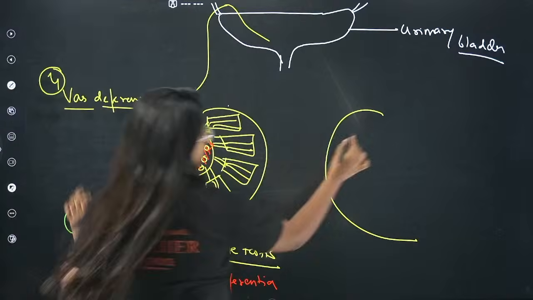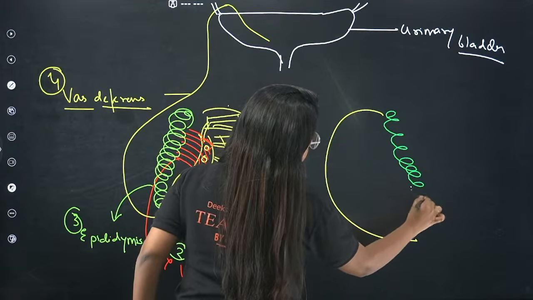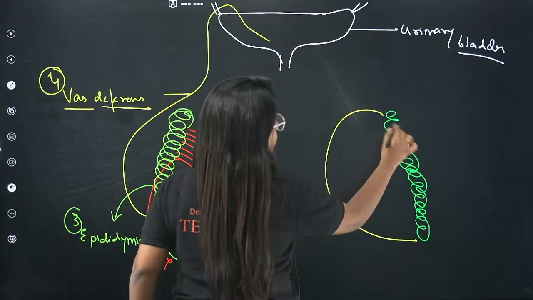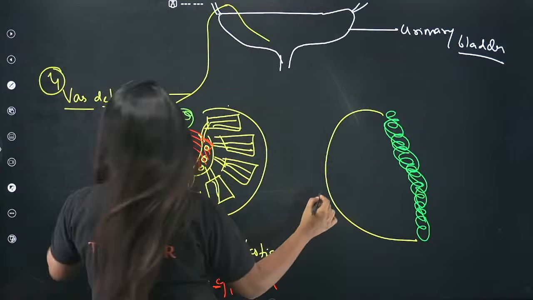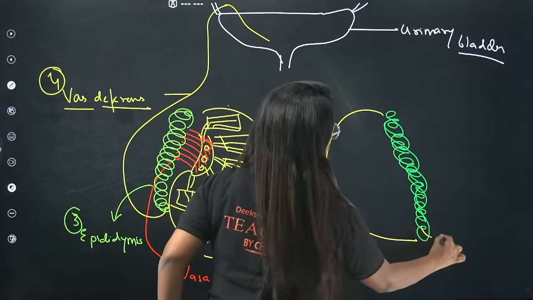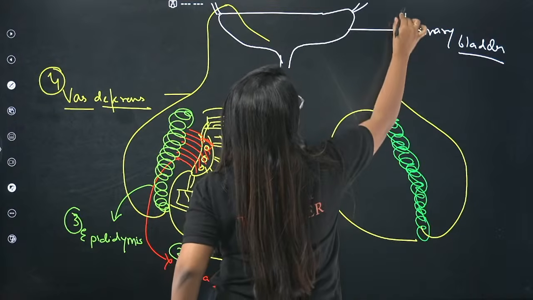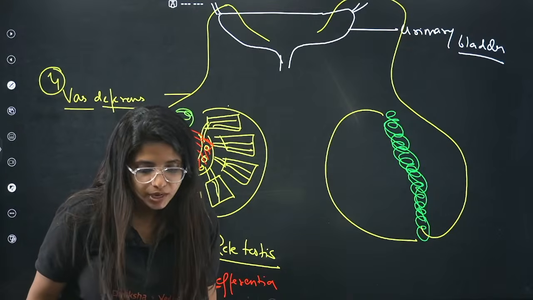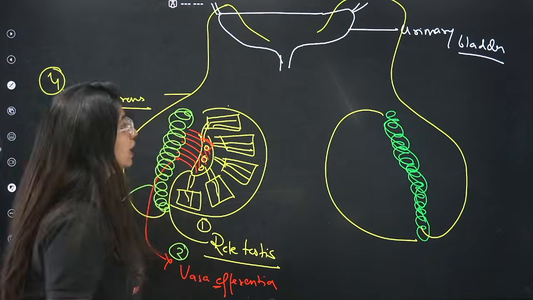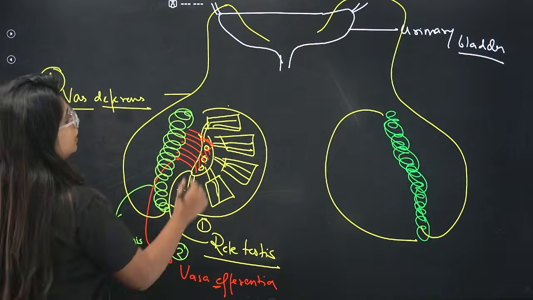Just for understanding, I can make it something like this. This is your epididymis over here also, and from here as well you get a vas deferens that moves like this. So from both sides you have a vas deferens carrying the sperms out. Now what happens?